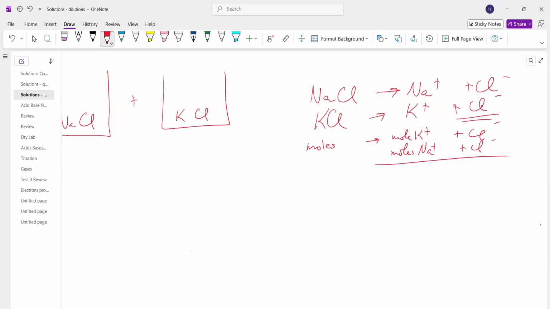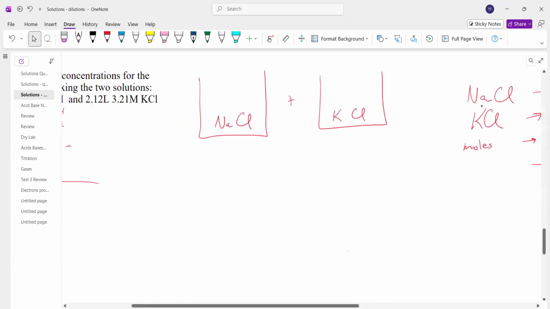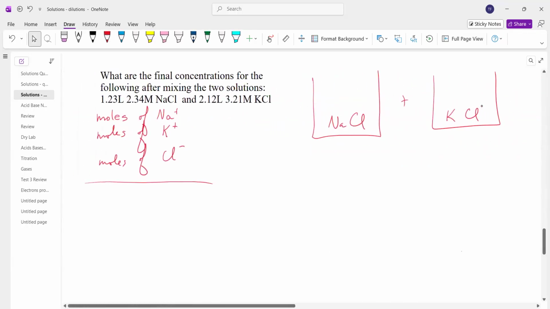So once we know the moles of sodium chloride, we know the moles of sodium, and we know the moles of chloride. Again, 1-to-1 from the balanced equation. So let's calculate moles of all this stuff here.